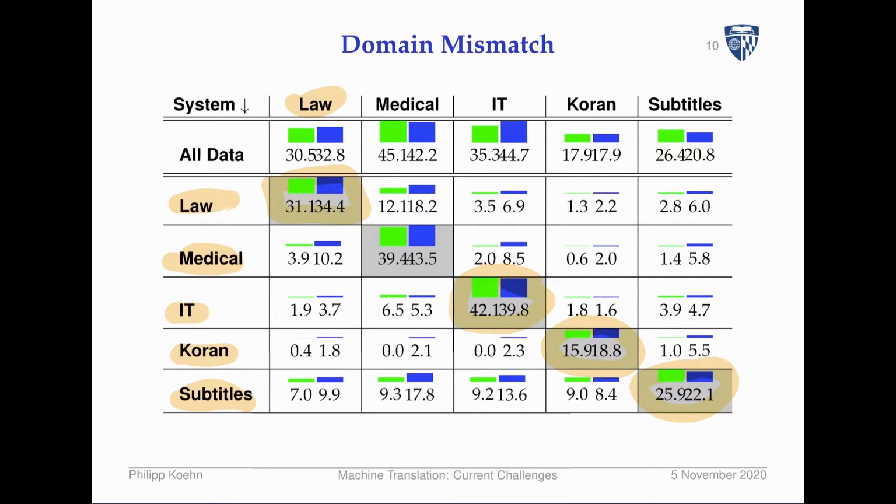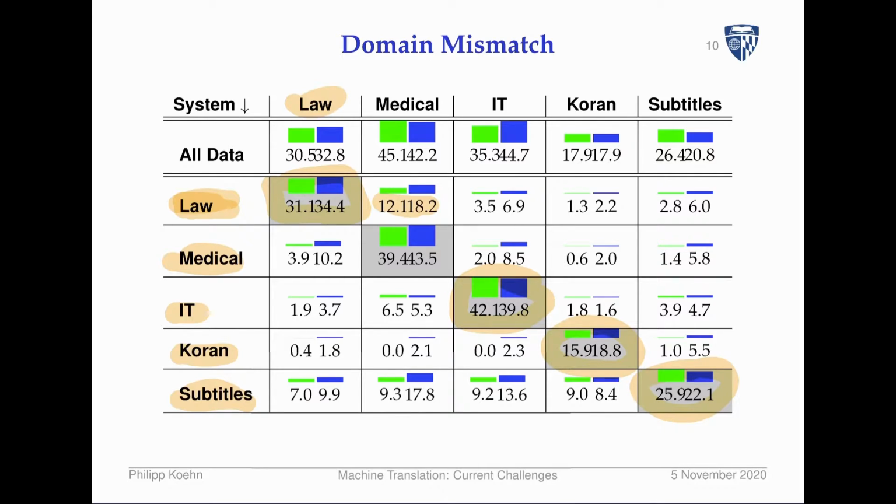But if you look at all the other cells in this table, this is where we take a system trained on the law corpus and then evaluate it on medical. You see drastically inferior translation quality, so 12 against 18.